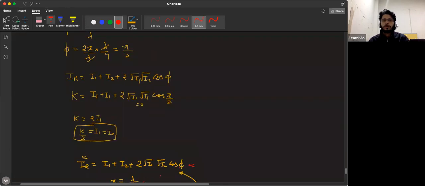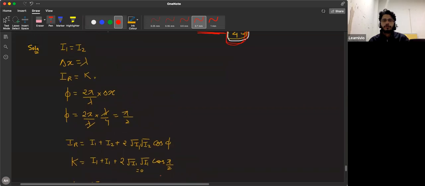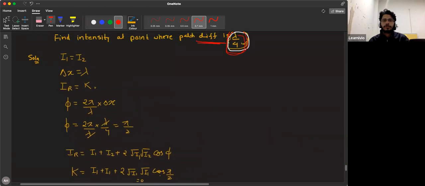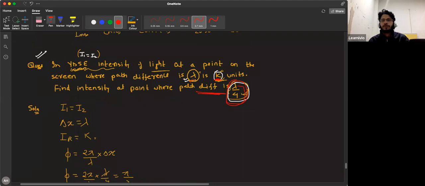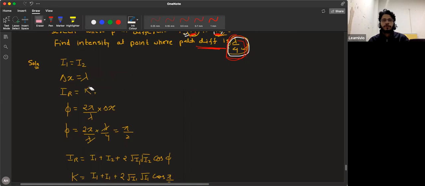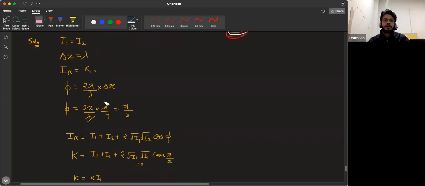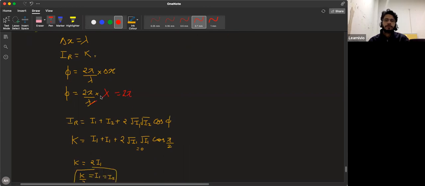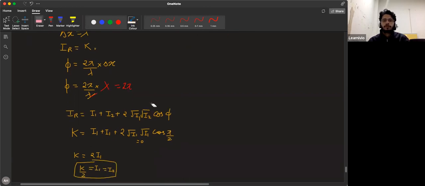Sorry, I took the wrong way. Initially, the path difference was lambda. The path difference is already lambda by 4, so lambda was wrong, it should be lambda. So this is 2 pi.